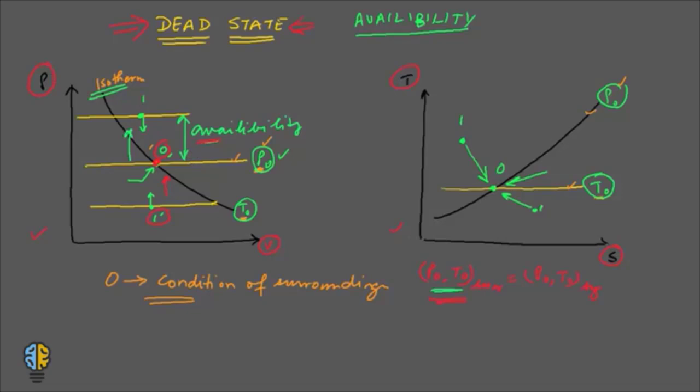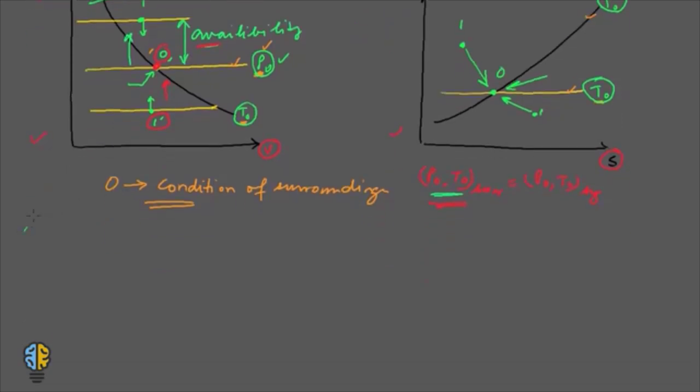To summarize, when a system goes away from P0 T0, the availability will increase. That is, you have a chance of getting more work out of the system.